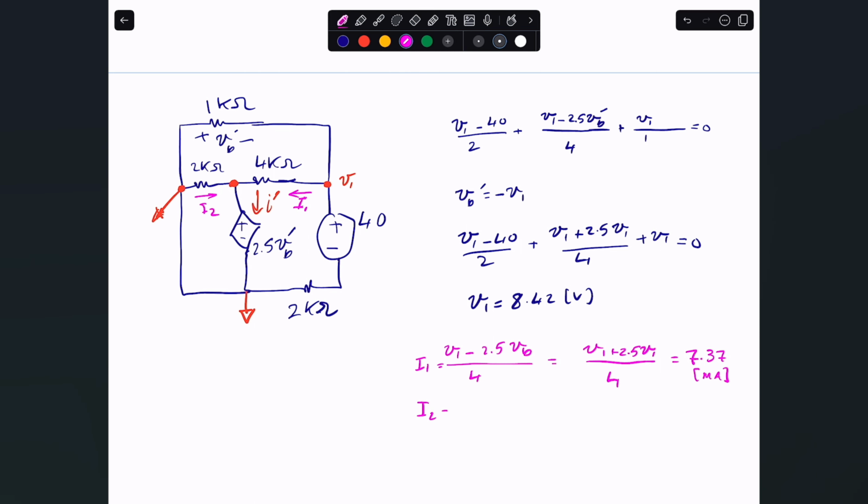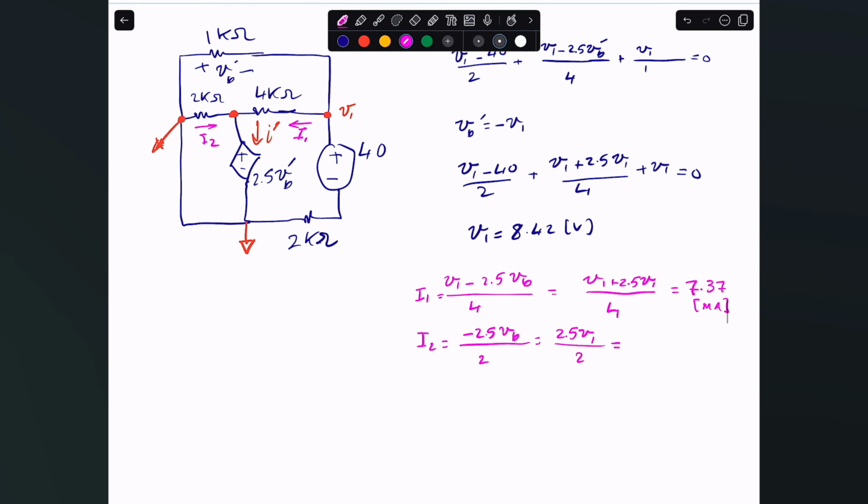Well, I2 is simply negative 2.5 VB divided by the 2 kilo ohms, which is just simply 2.5 V1 divided by 2 kilo ohms. So let me just give you the answer. And that will be 10.525 milliamps.